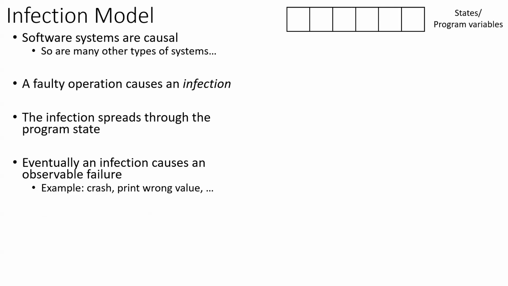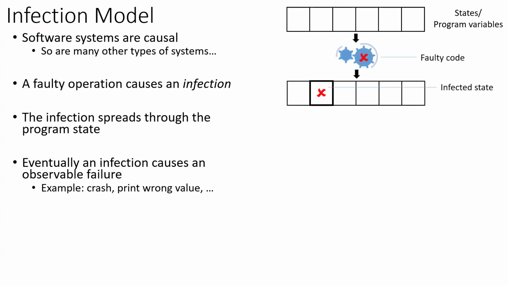First, the infection model. Software systems are causal. What causal means is that every state of your program execution is dependent on some previous state in time. So are many other types of systems. If something happens in some state because of some faulty code, usually this state will not result in the program ending immediately.